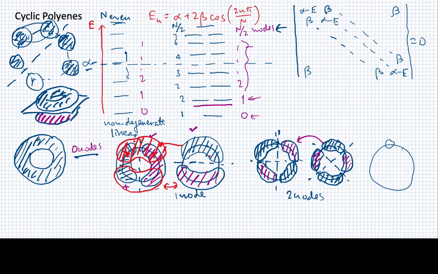So I'll just do this for, I hope I'm getting this right. Yes, 8 different lobes. So here I've got a node that goes up here, a node that goes down here, one that goes over here, and one that goes over here.